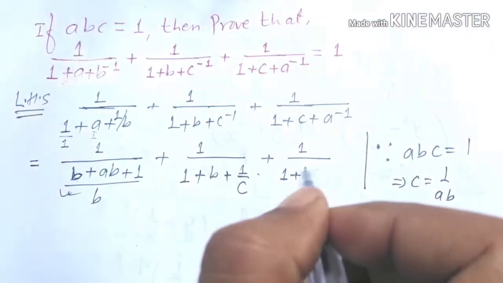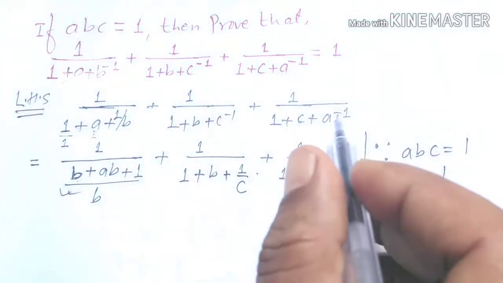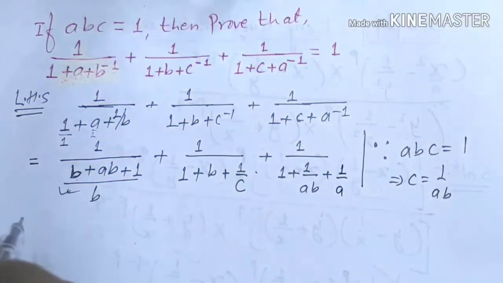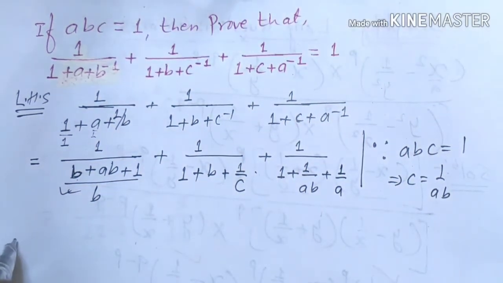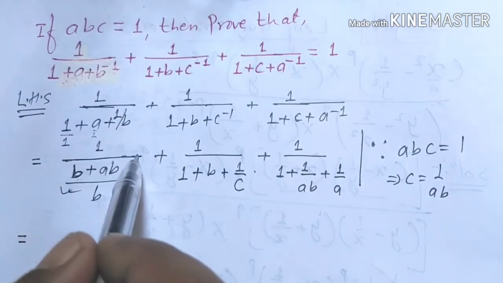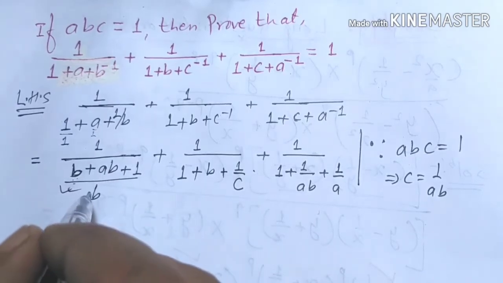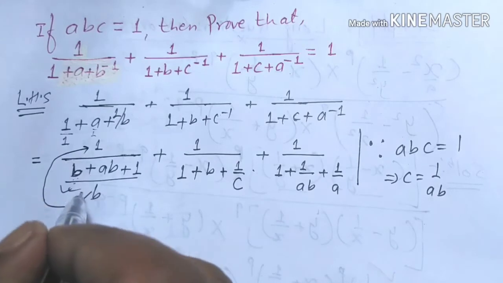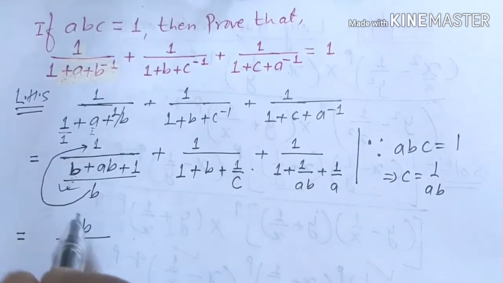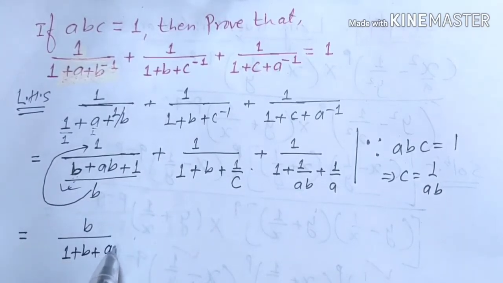That is why in place of C you can write 1 over AB. But C inverse is 1 by A only. Now this longer term over B: this B directly multiplies with 1, so B ones are B. And in the denominator we can write 1 plus B plus AB.